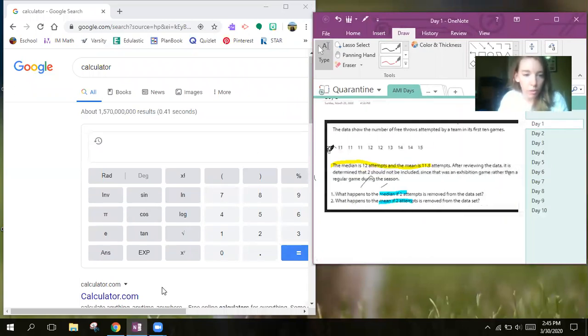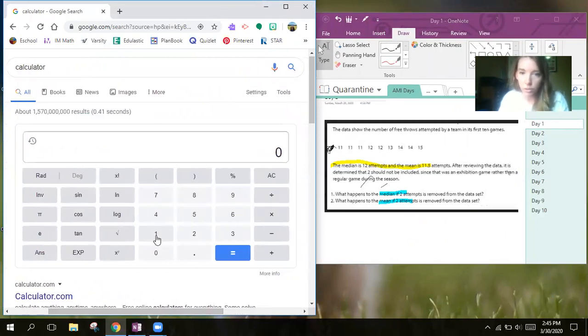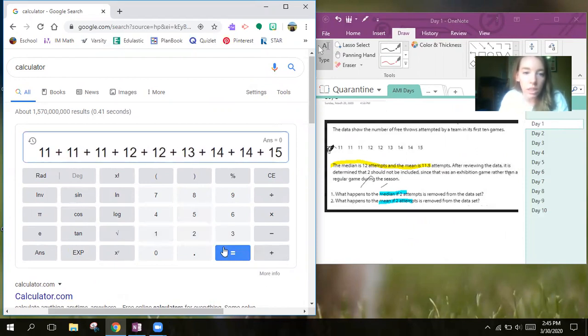So I'm going to come over here to my calculator. I'm going to do 11 plus 11 plus 11 plus 12 plus 12 plus 13 plus 14 plus 14 plus 10.